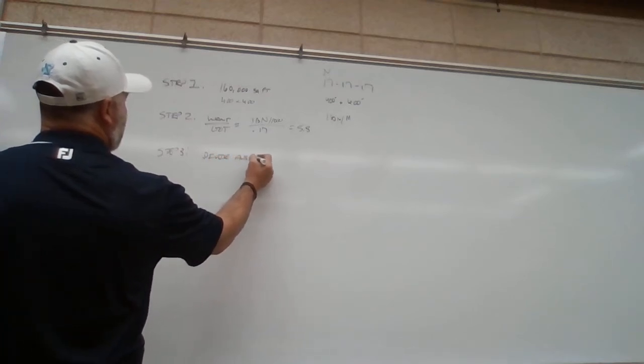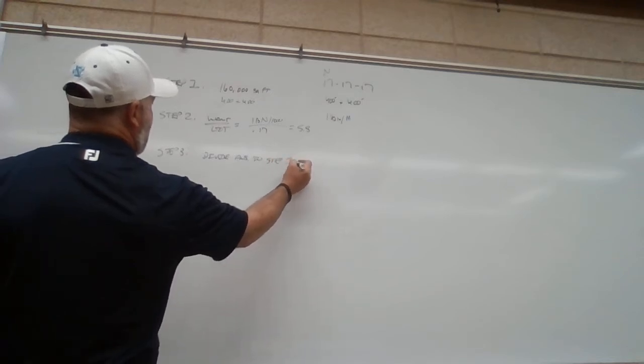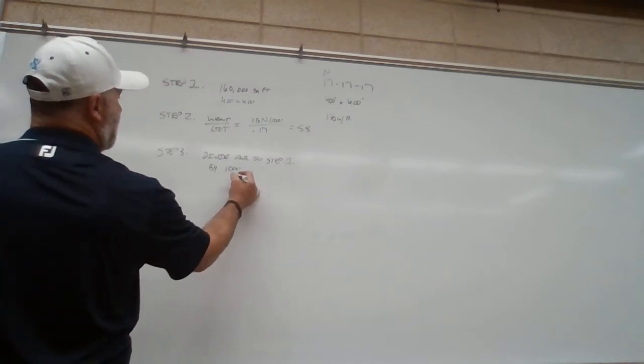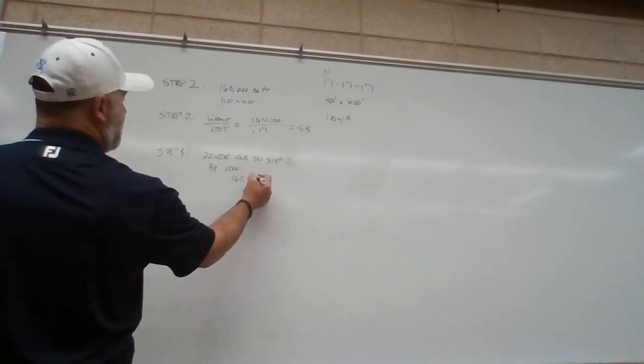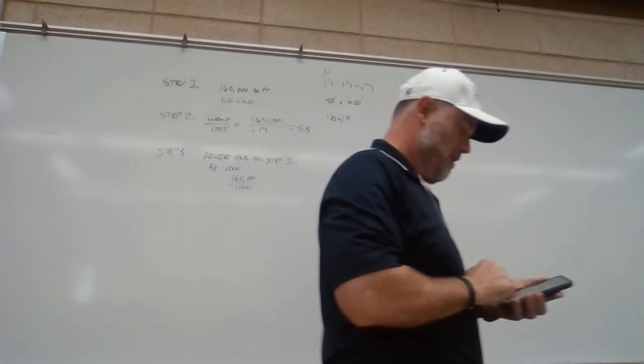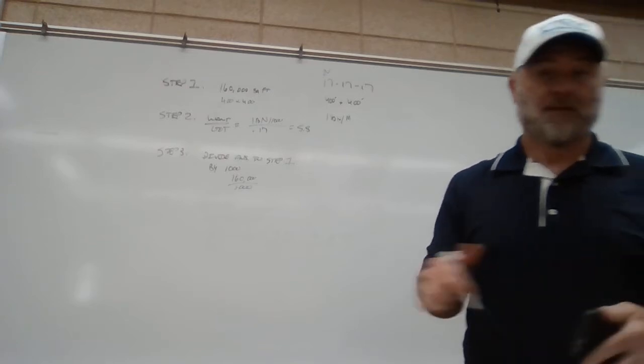Step three, the answer in step one divided by 1,000. So that's 160,000 divided by 1,000, which gives us 160.